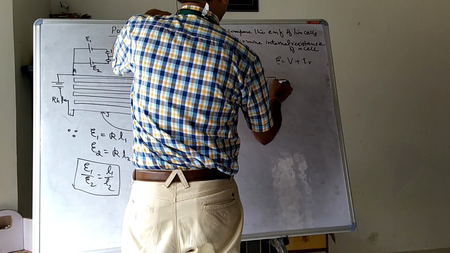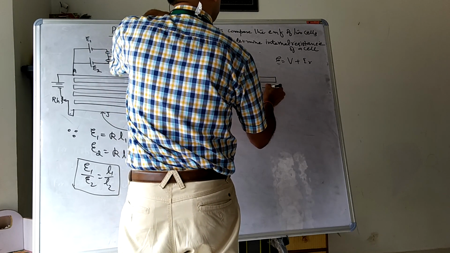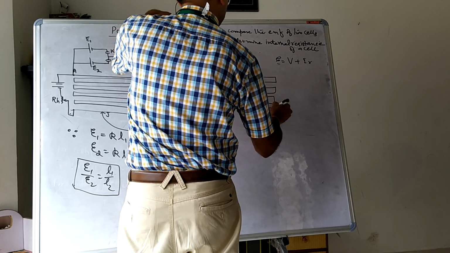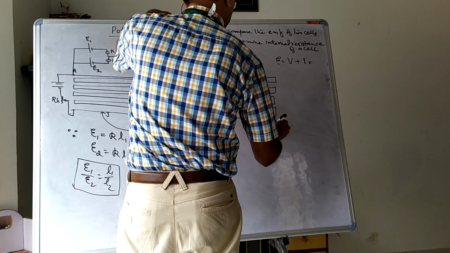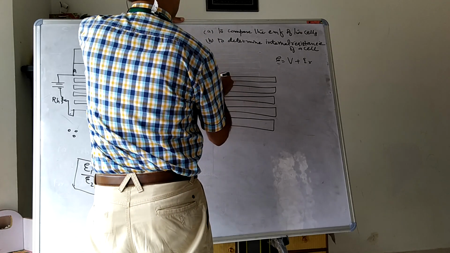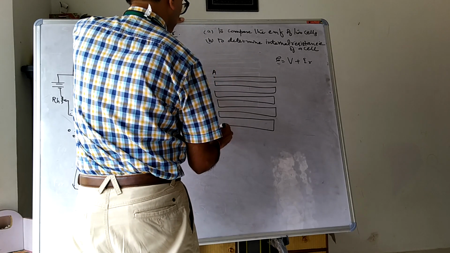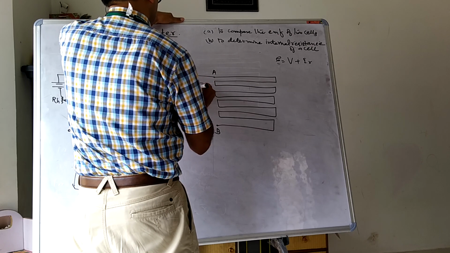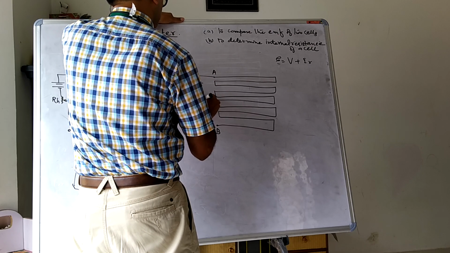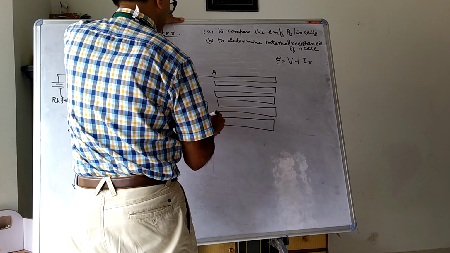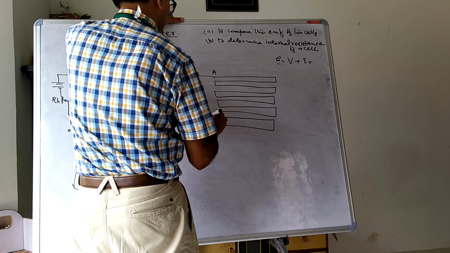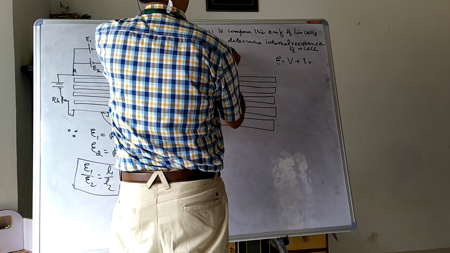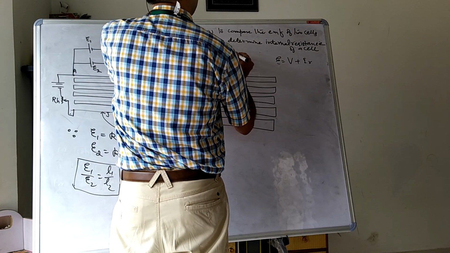So 10 wires, these are the two ends. Now connect the light here.